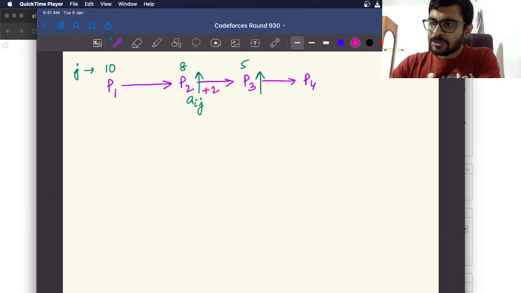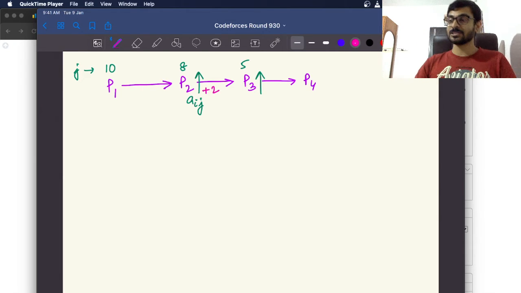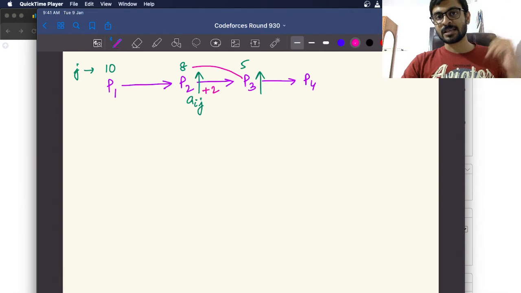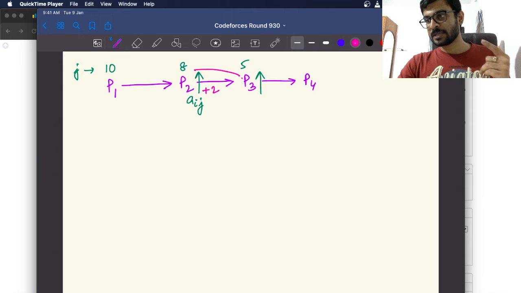Now for P3 this plus 2 forces it to increase by 2 more. It could have increased from just 5 to 8, but now it has to keep the 10 in mind. Initially if I create the path, going from here to here involves a cost of 3 plus that cost of C3, right? This 3 plus C3, correct?